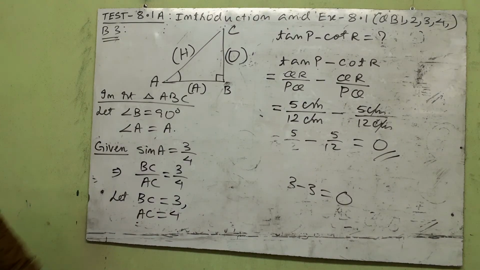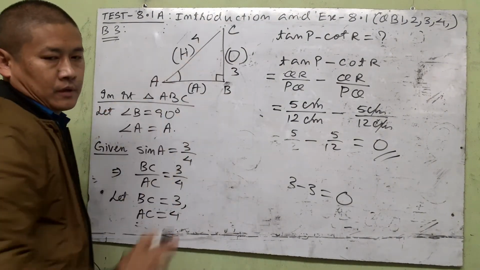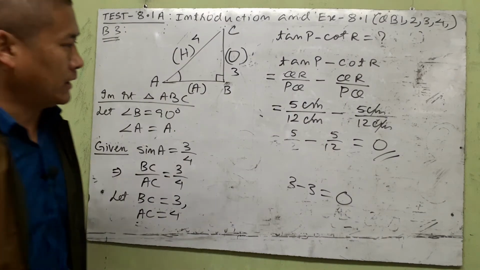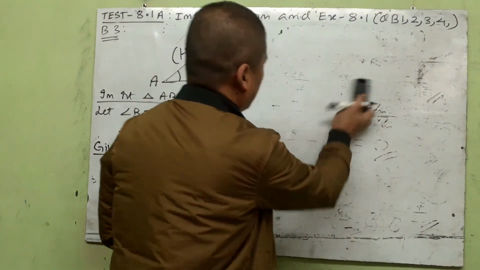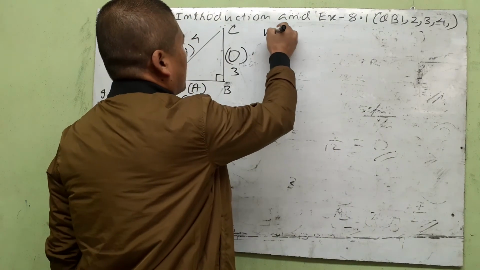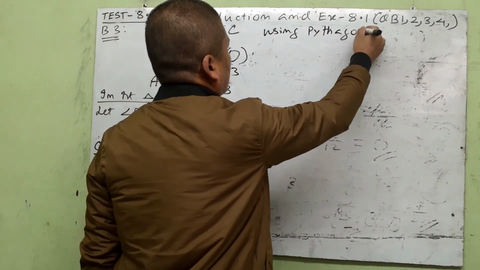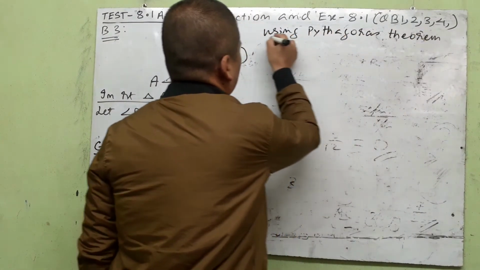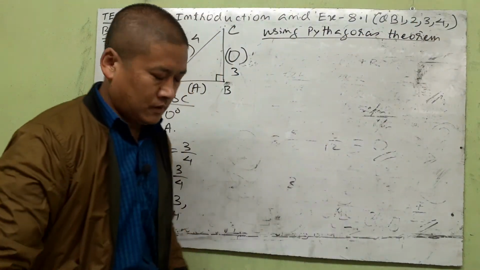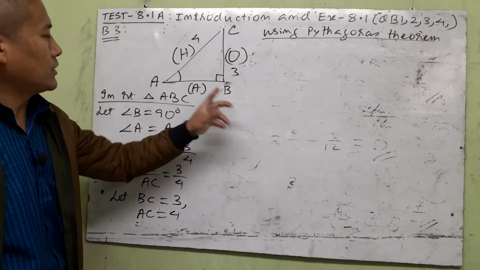So we have BC 3, AC 4, and the unknown side is AB. We can find that by using, as we have learned already, the Pythagoras theorem.